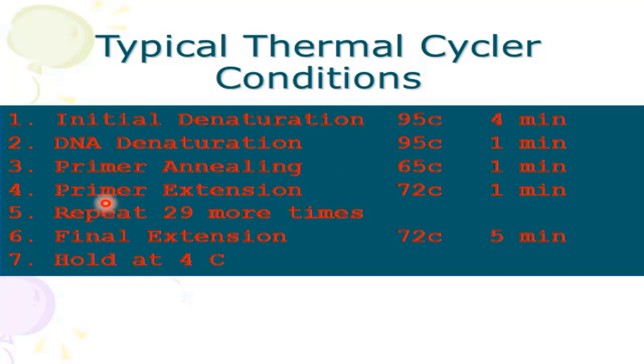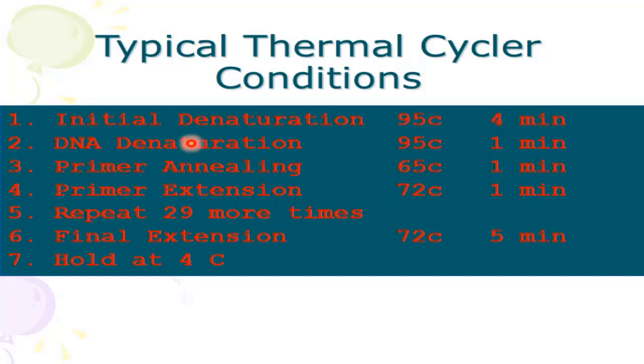Followed by primer extension at 72, at which step the Taq polymerase enzyme will add the nitrogen bases along the reproduced DNA. After this it will be repeated 29 times.